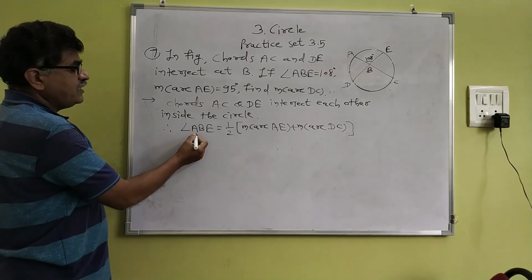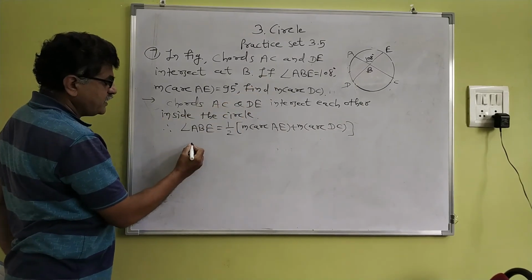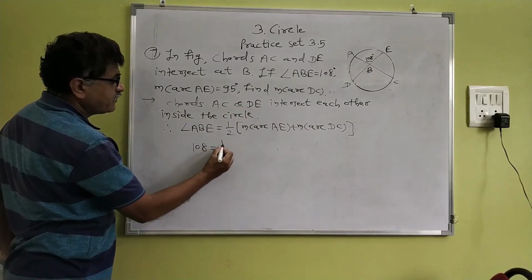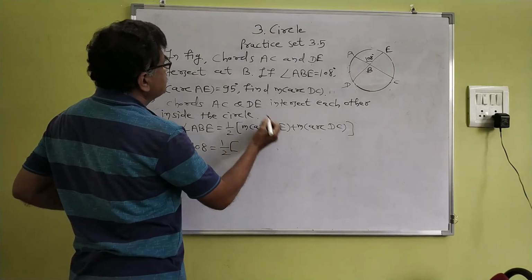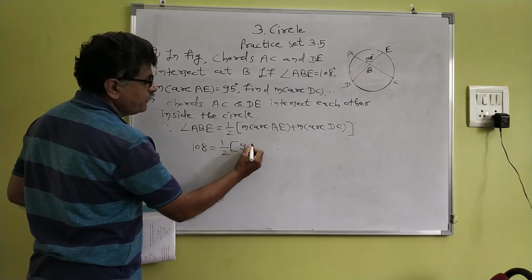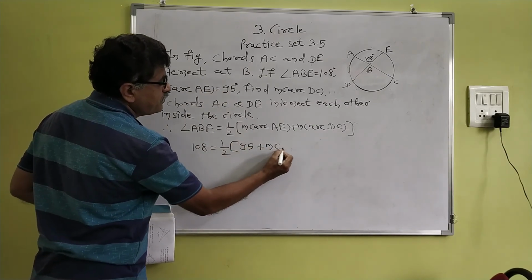Now we have the value of this angle. Angle ABE is 108, equal to 1 upon 2 into bracket measure of arc AE, given 95, plus measure of arc DC.